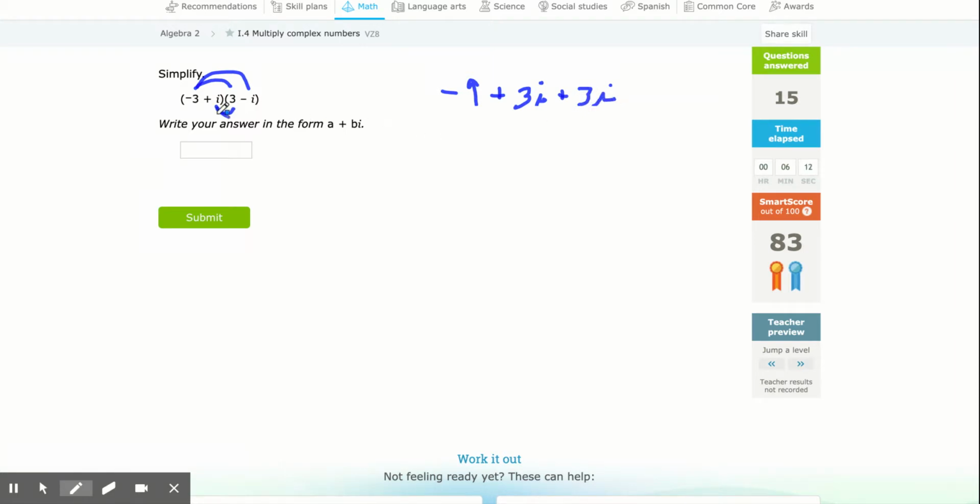And the i times the negative i will be a negative i squared, right? So that's going to be another negative 1, and the negative and negative 1 become plus 1. So I have negative 9 plus 1 is going to be negative 8. Then the 3i plus the 3i will be plus 6i.